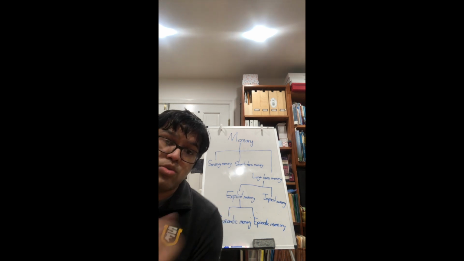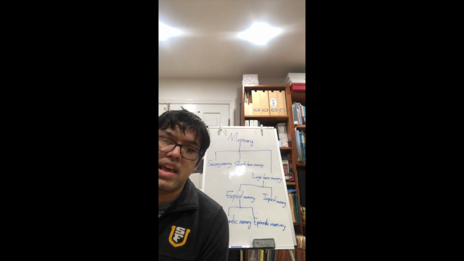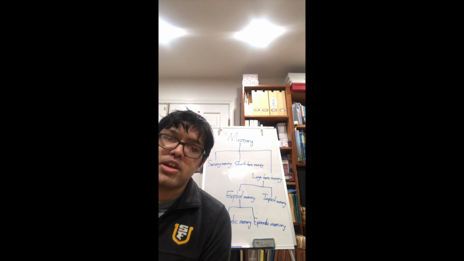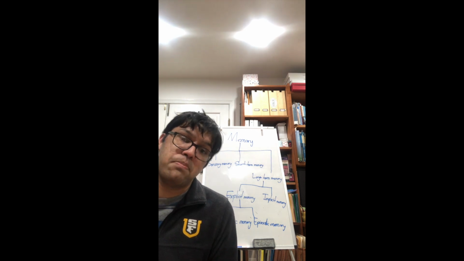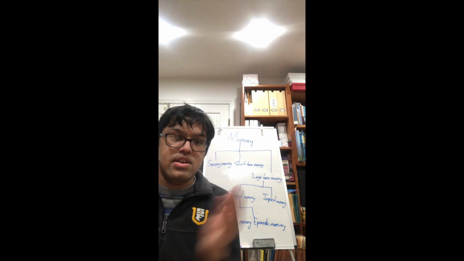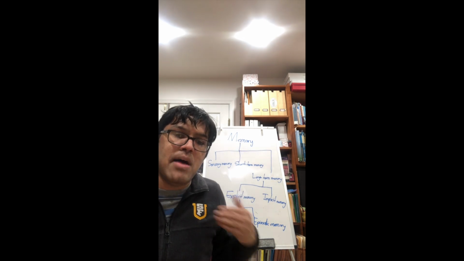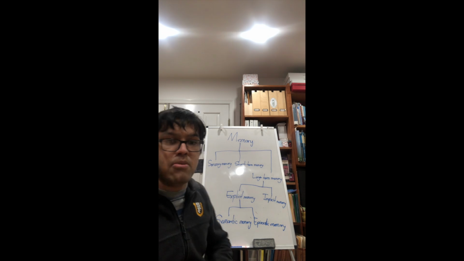So these are the examples of explicit memory: semantic and episodic. Episodic memory is explicit memory about historical events in your life, such as your birthday, your wedding, your kid's birth, your graduation, whatever. All these memories of these important events in your life are due to episodic memory.